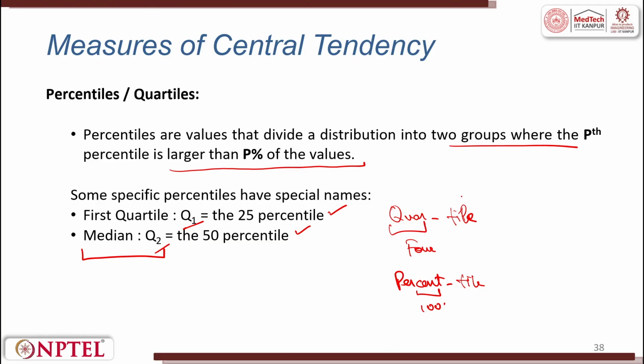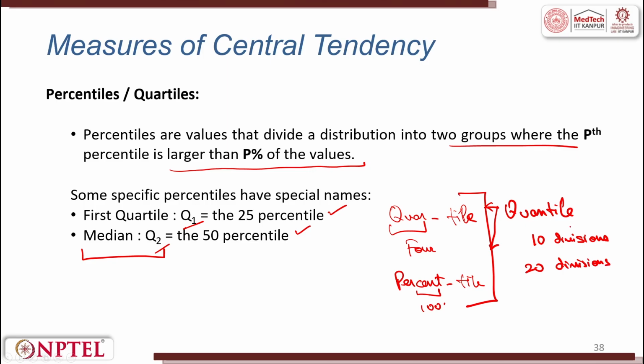Similarly, all this is derived from a common term called quantile. This quantile could be quartile, it could be percentile, it could be any. We may say 10 divisions, or we may say 20 divisions. So that could also be taken.